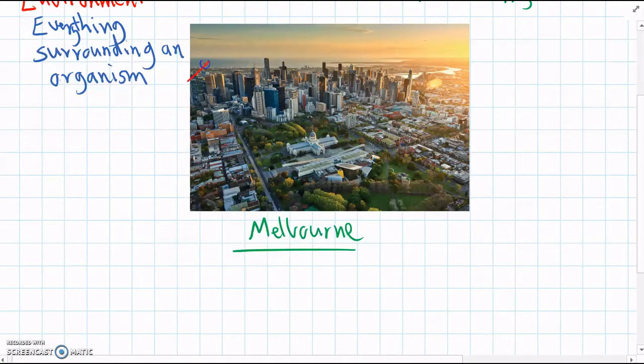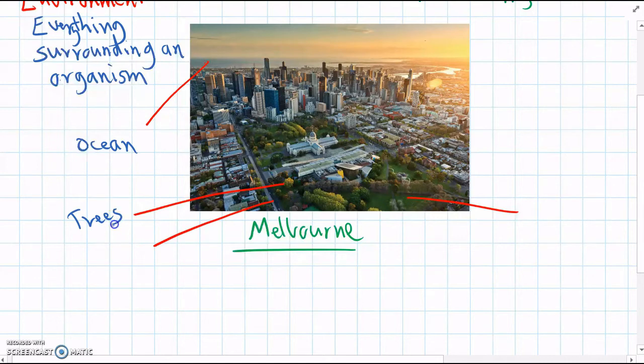So we can see there is the ocean, and we have trees and grass. And if we could look in that closely, we can see there are people. So we have trees, grass, and people.